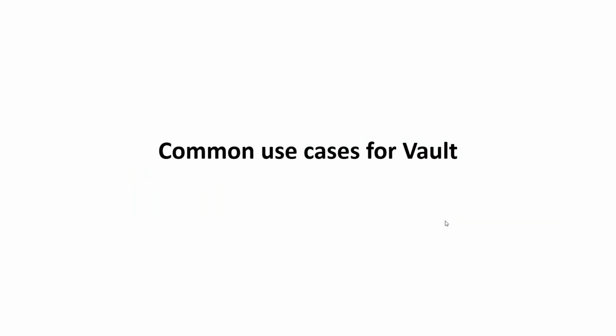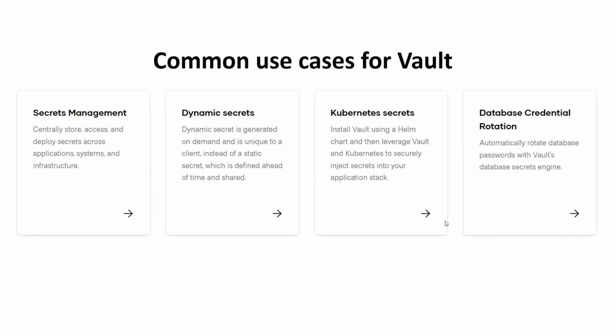So what are the common use cases for HashiCorp Vault? One of the things which we discussed is secret management. HashiCorp will help you to centrally store, access, and deploy secrets across application systems and infrastructure. Now, it can also help you with dynamic secrets.